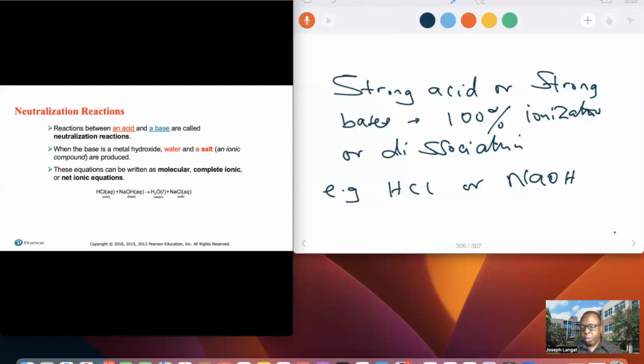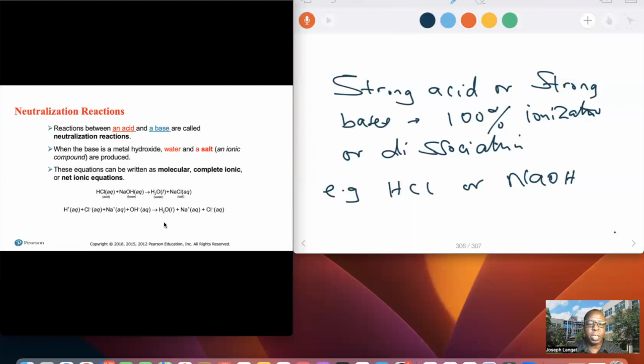I'll look at a few examples of how we end up with the net ionic equation. This is the molecular equation right here. This is the complete ionic or total ionic equation, where the aqueous species are split. We split these into aqueous hydrogen ion and chloride on the first reagent. The second reagent has sodium ion and hydroxide.